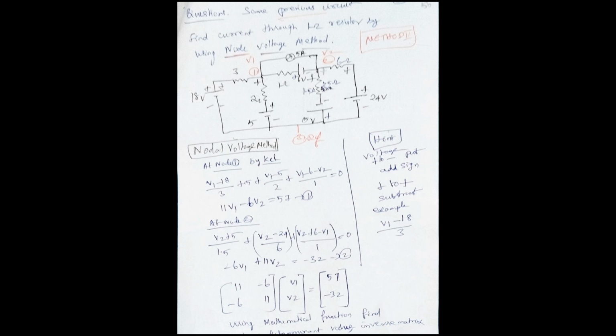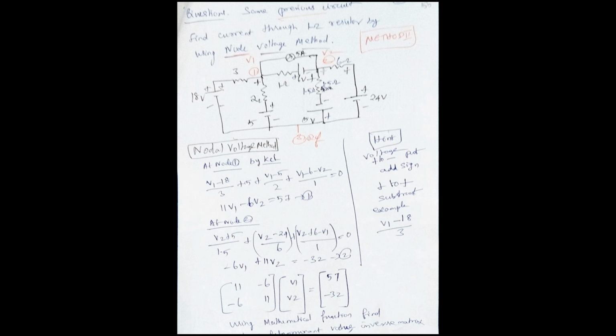Consider node 1 first. At node 1, the 3 ohm, 2 ohm and 1 ohm resistances are connected, along with the 18 volt, 5 volt and 6 volt sources and the 5 ampere current source. So we use the formula V is equal to IR.